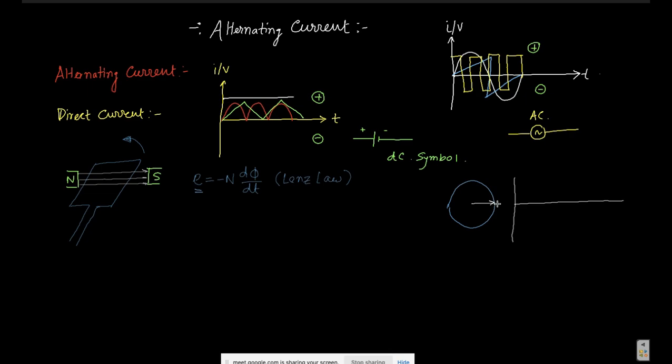If this is a q amount of charge and at t is equal to 0 it starts to rotate, what is the replica of this charge when t is equal to 0? From here, you can project the position of the charge in a spatial coordinate. This is a spatial coordinate, and it is 0.